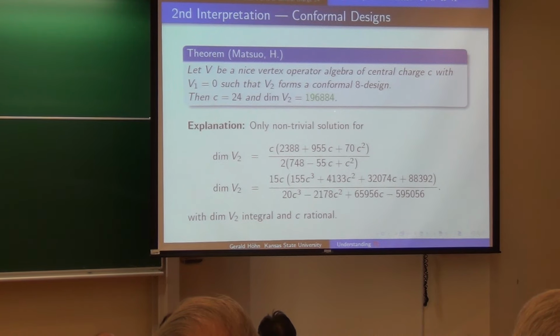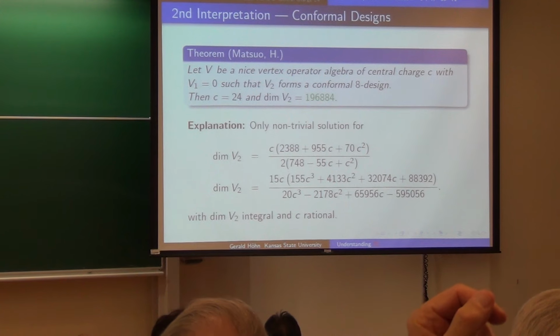Now, there are other ways where you can get the number 196884, which are not directly coming from modular forms. Matsuo introduced the notion of what's called vertex operator algebras of class S^n, which means that there is an automorphism on the vertex operator algebra such that the fixed-point vertex operator algebra is very small, with large minimal weight.